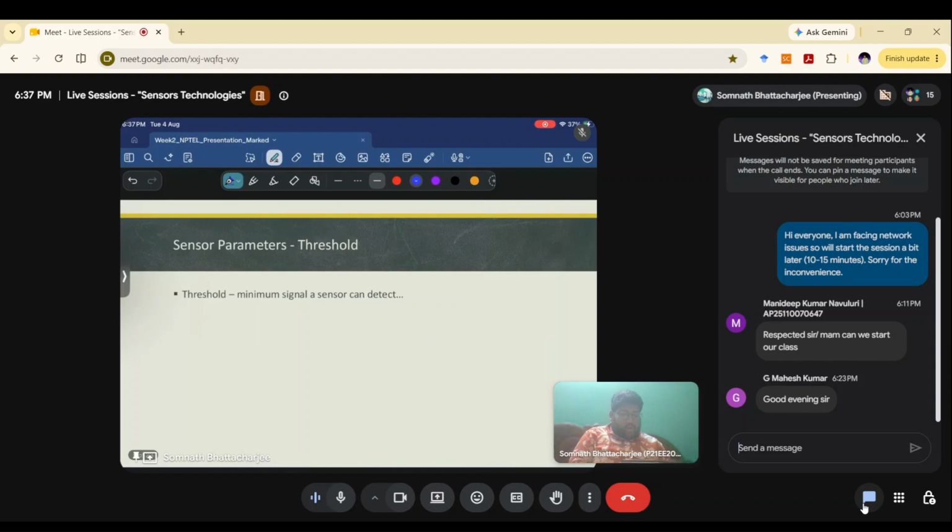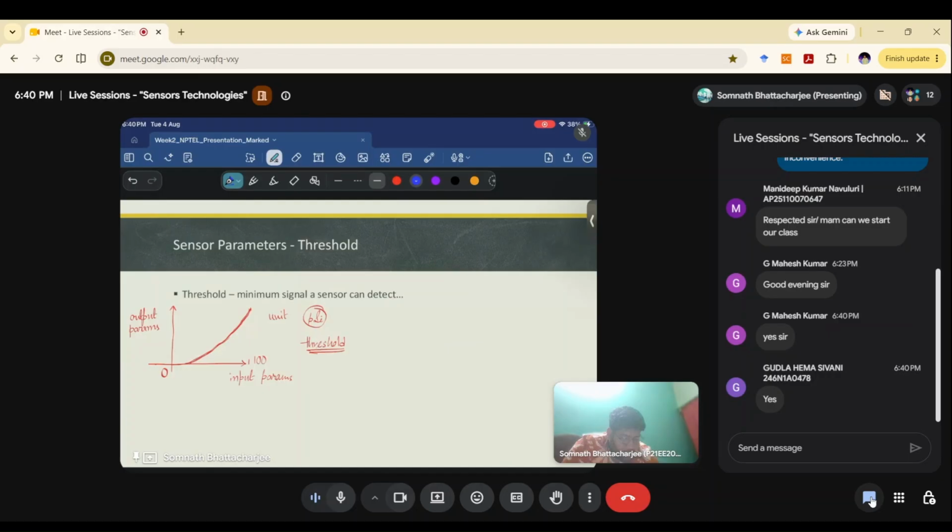Now, as I was telling, a threshold is the minimum signal a sensor can detect. What does that mean? It is the minimum amount that a sensor or a device can detect. So let's say you have a glass or a jug kind of a thing. Now in that glass, you can see that there is a little bit of water inside.